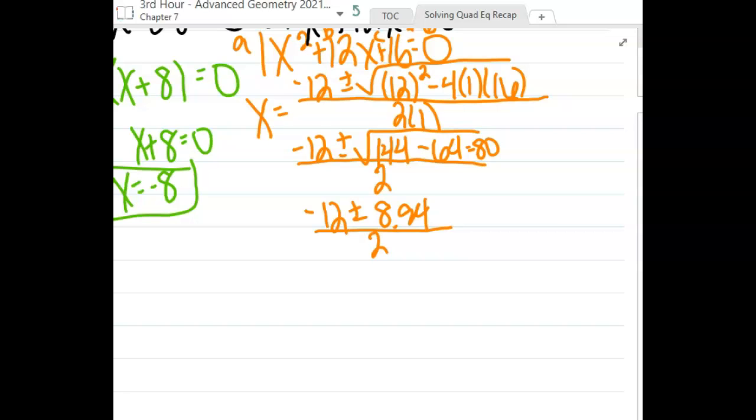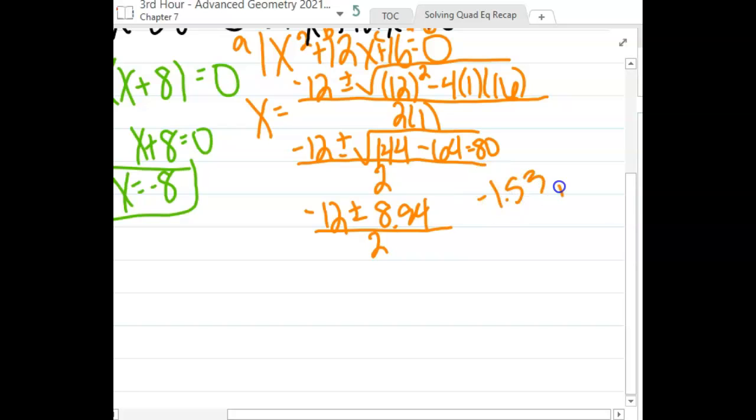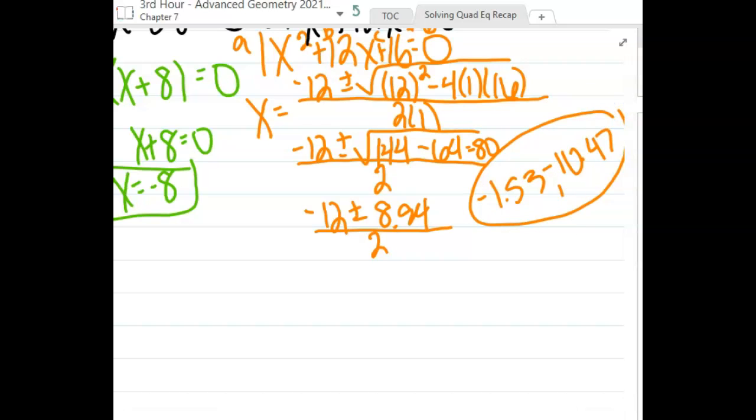And then to get your two answers, you add, divide by 2, and then subtract and divide by 2. So negative 12 plus 8.94, then divided by 2, gives about negative 1.53. Negative 12 minus 8.94, and then that divided by 2 gives you about negative 10.47.